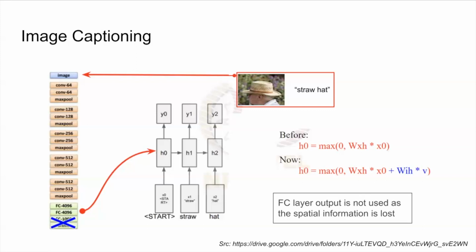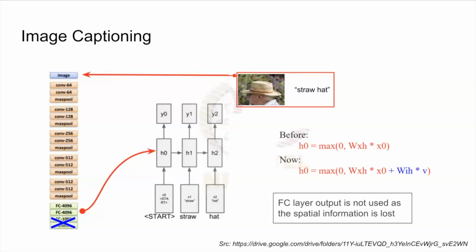If we put it through a fully connected layer, we lose all its spatial correlation. That's why we do not pass it through a lot of fully connected layers. We just take the output of the CNN layer and pass it to LSTM or RNN layers. What the RNN layers do is take the context vector generated by the image, and they try to predict the word based on the context vector.